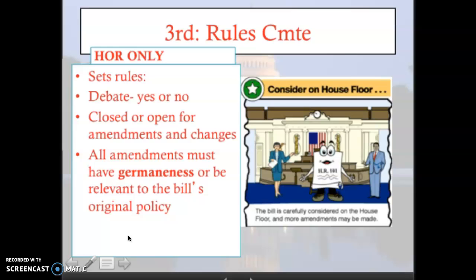So if you have a piece of legislation about education in the House and you want to add an amendment to it, that amendment has to deal with education. You can't add a gun control amendment to it. You can't even add a gun control amendment that deals with gun control in schools. The original intention and purpose of the amendment needs to match the original text of the policy or the bill being proposed.